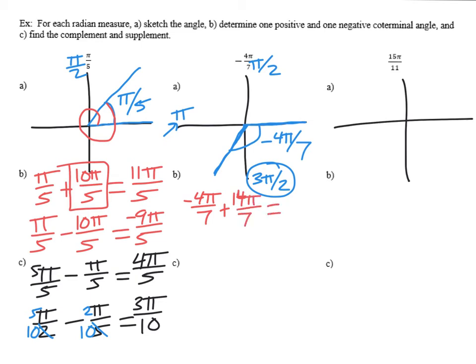So this part we're doing the coterminals, right? I'm adding 2 pi, just like always when we're talking radians, but notice right away that for this particular angle, I need to write that as 14 pi over 7. And then down here, negative 4 pi minus 14 pi over 7 would be negative 18 pi over 7.